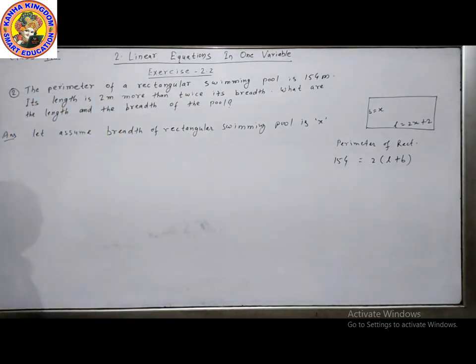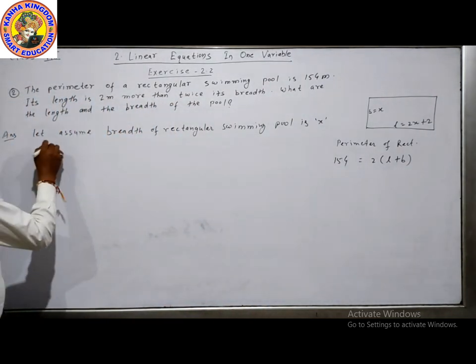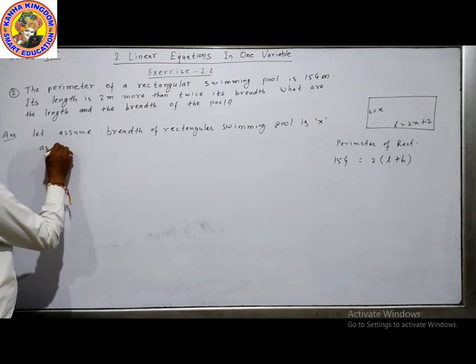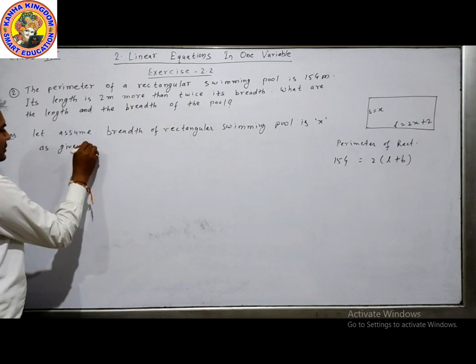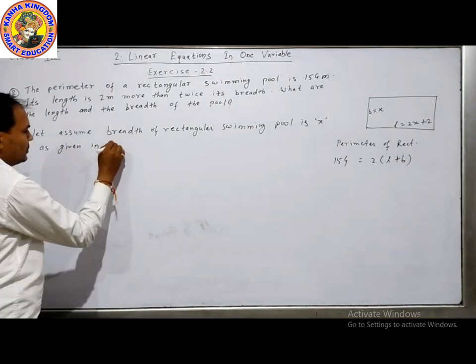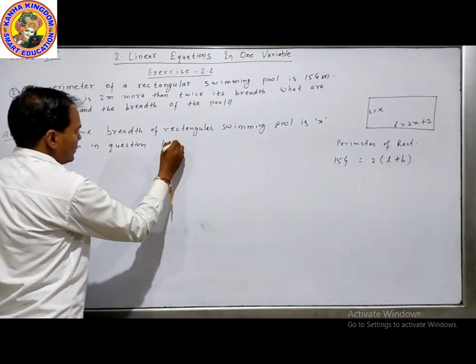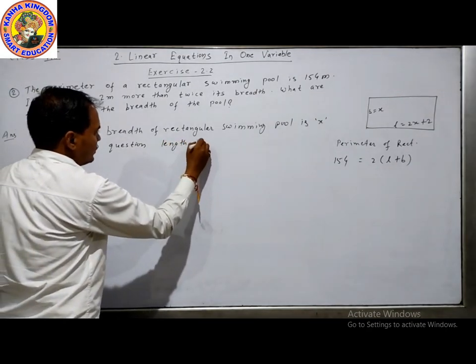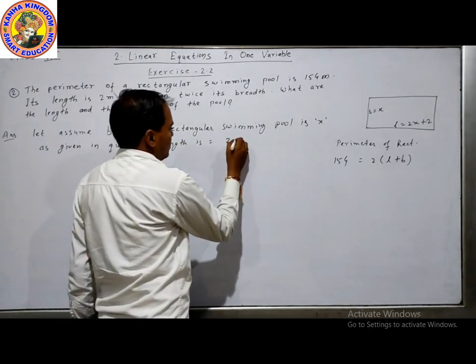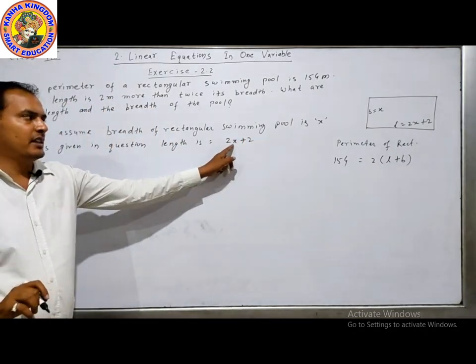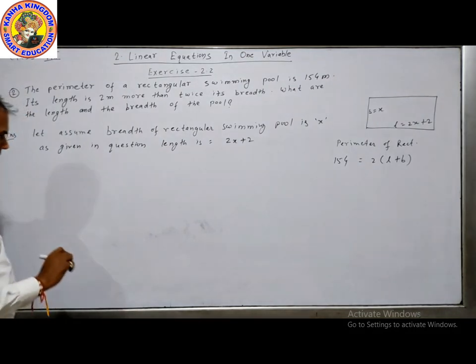The breadth is x. As given in the question, the length is 2x plus 2, twice the breadth and 2 more.